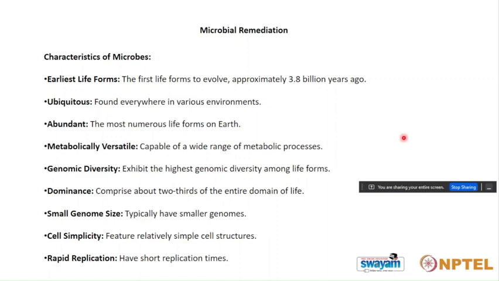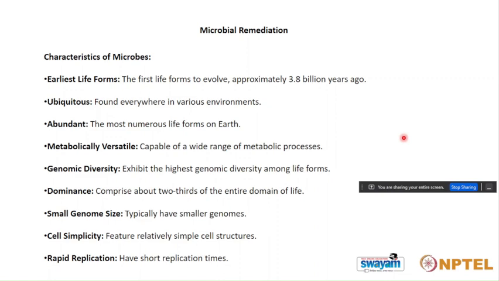Microbes are the earliest life forms, and they have a better genetic machinery which can adapt to a wide range of environments. That is the main reason for adopting microbes. And these microbes are ubiquitous in nature. They can be found anywhere in the environment, and they are abundant.